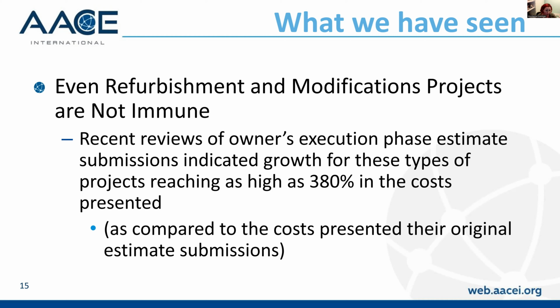And that's important because we also have this bad habit of doing a comparison of estimates gate over gate, when in fact what we should be doing is comparing the current iteration of the estimate to the original submission. The original submission should represent the whole picture.